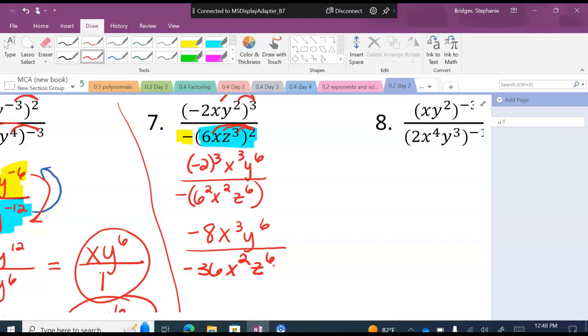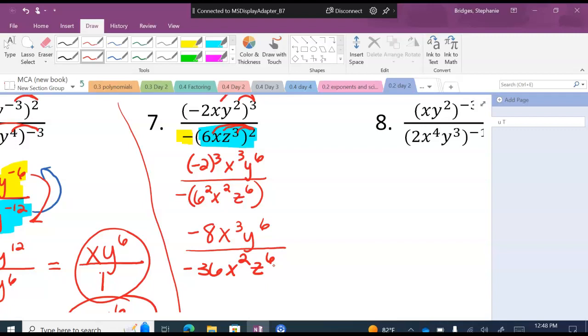Let me do it like this. If I did 6xz to the 3rd twice, think about it like that. 6 times 6 is 36, right? X times x would give you x what? How many x's? 2, right?